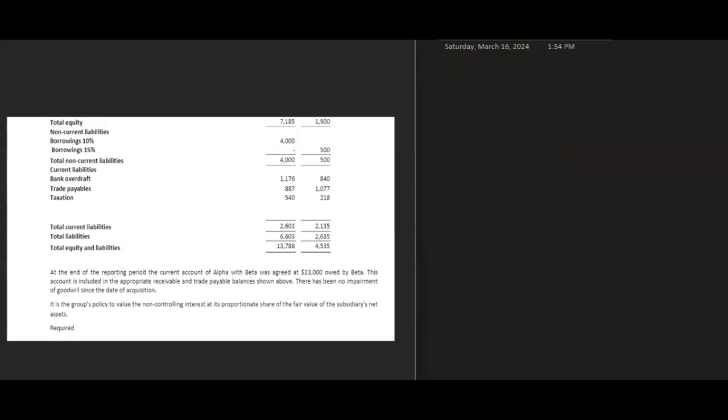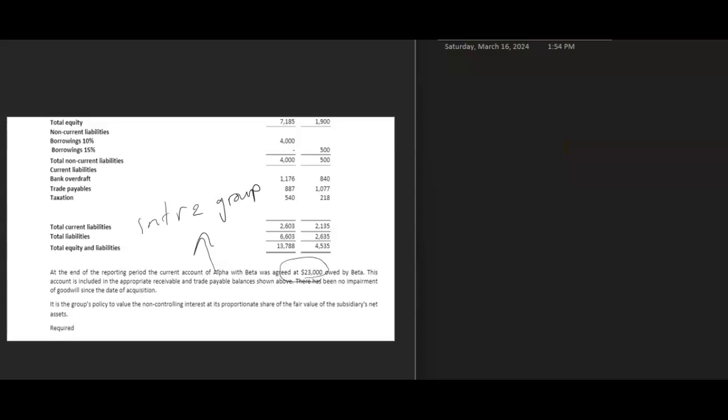So this is an intra-group transaction. Let's note it as intra-group so that we don't forget.